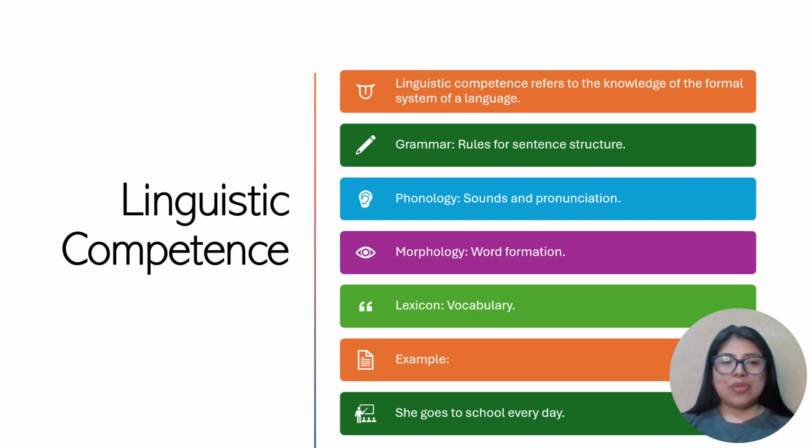And morphology, how words are formed from smaller units. And lexicon, finally, basically your vocabulary or mental dictionary. For example, in this sentence: she goes to school every day.